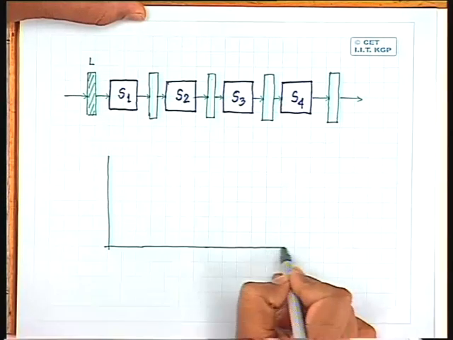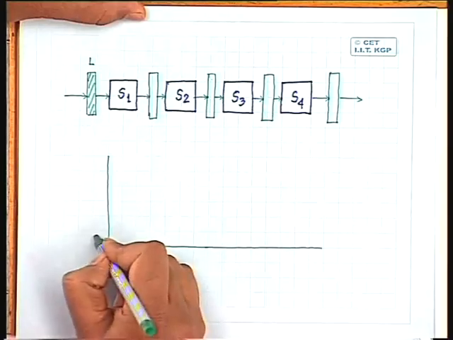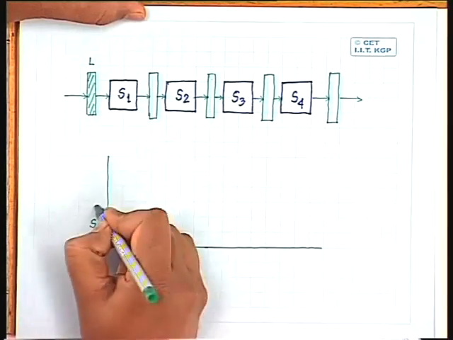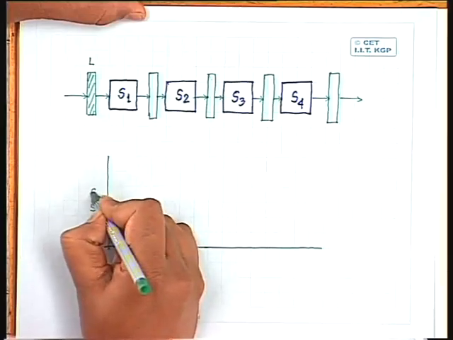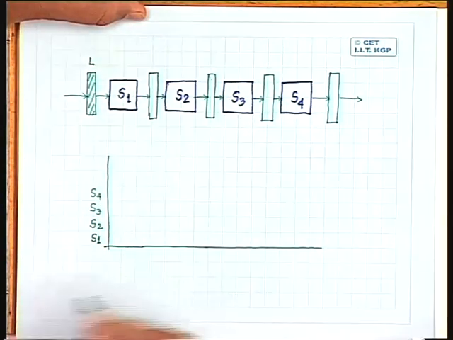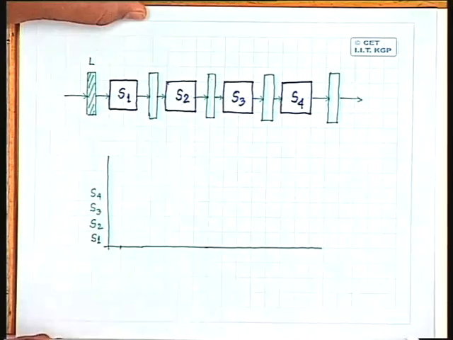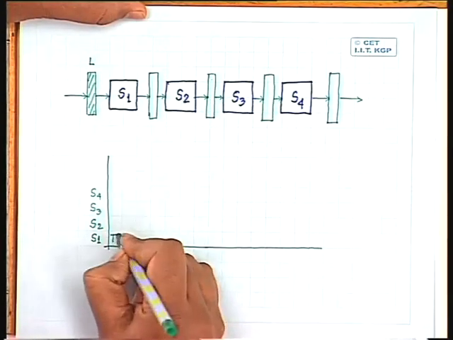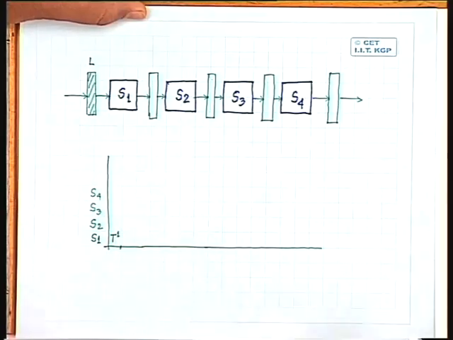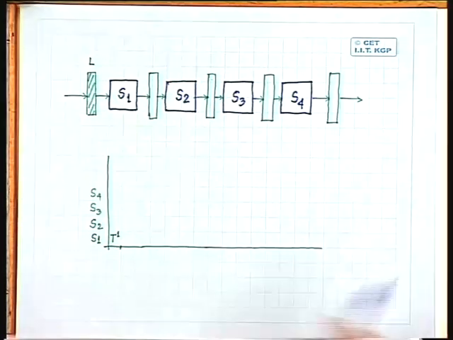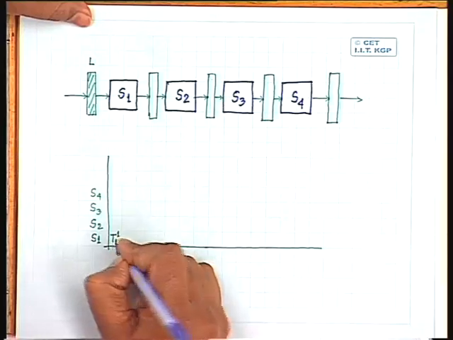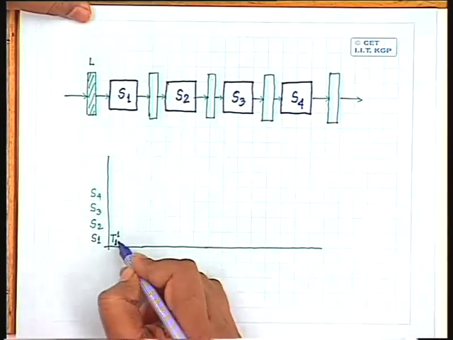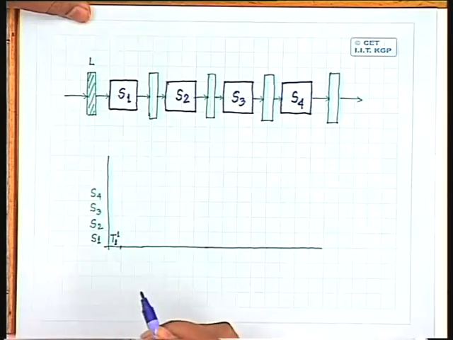This is called a space-time diagram. This is the execution status of S1, S2, S3, and S4. Okay. During the first time interval tau, S1 is used for executing subtask T1 of the first task. So the task number I put as subscript, okay, and the subtask number I put as superscript.